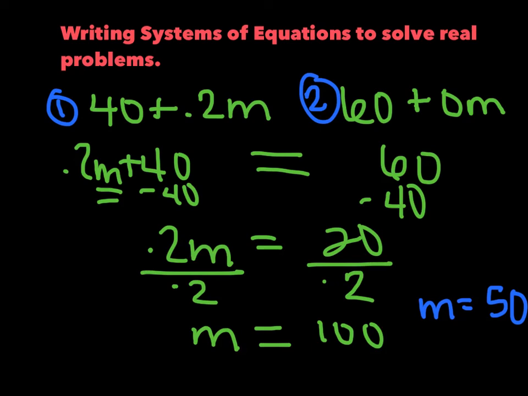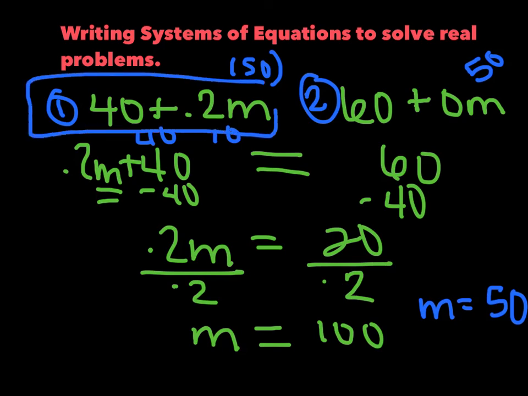If you plug in 50 messages for the top one, 0.2 times 50 is 10. So 40 plus 10 is equal to 50 bucks. For the other one, if you plug in 50, you don't pay anything for text messages, so you're still paying 60 bucks. Well, I would rather pay 50 bucks if I'm not going to use any more text messages than that. So you would want to go with plan 1.